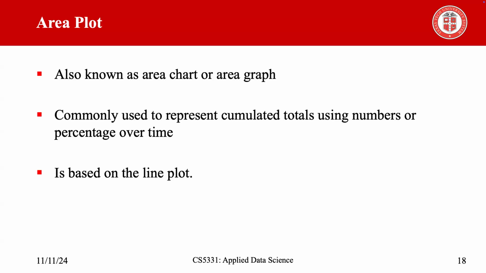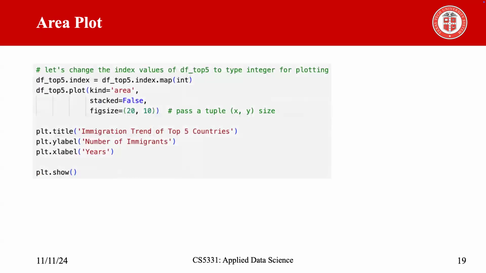as the area chart or the area graph. It is commonly used to represent the accumulated totals using numbers or the percentage over time. We can consider it as based on the line plot, with something else added.